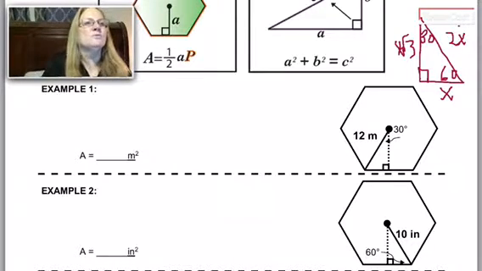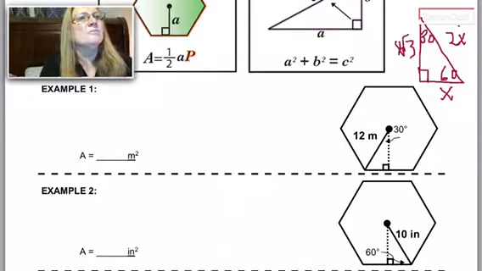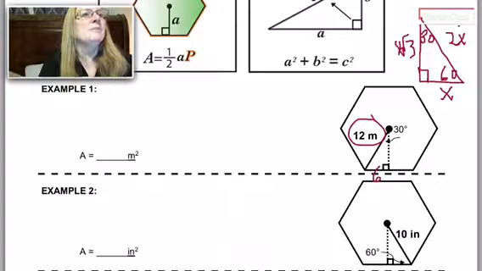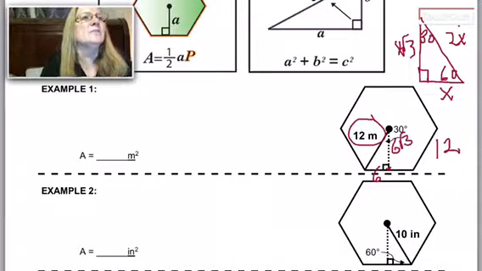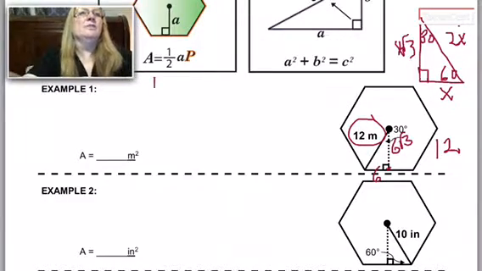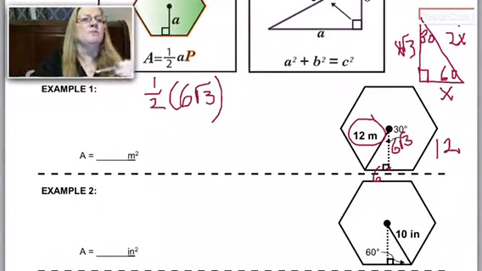Okay, so in this first one here, they give us the side across from 90 is 12, so that is 2x, so x is half of that, or 6. Now remember, this is half of that side, so that means each side is going to be 12, and the apothem is going to be 6 times the square root of 3. So we just put it in our formula, 1/2, 6 square root of 3, times the perimeter.